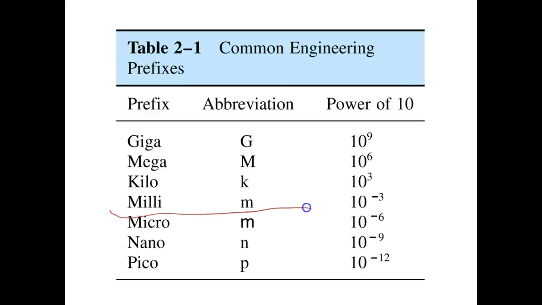No, that's not the right abbreviation. I understand. Yeah, that's wrong. And you can see, is this in your book like that? Table 2-1? Is it right? Yeah, so this is PowerPoint. Yeah, we can't have the same abbreviation for two different units. I hadn't noticed that before. But you're right, that would be the Greek for micro.